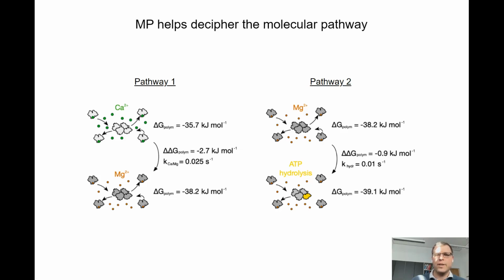And then in pathway 2, actin changes its Gibbs free energy of polymerization to a more favorable one by ATP hydrolysis. And in both cases, you can generate net elongation of actin filaments.